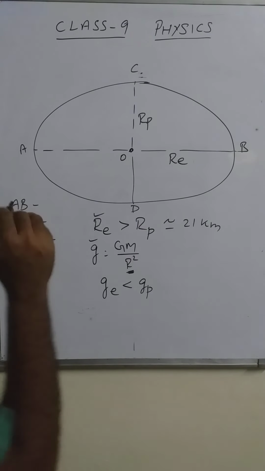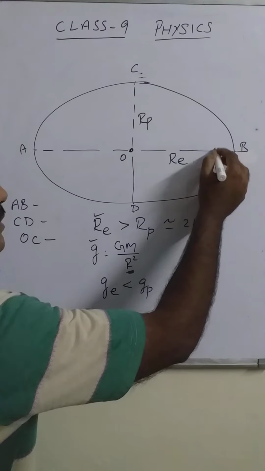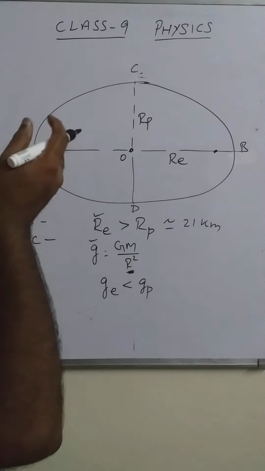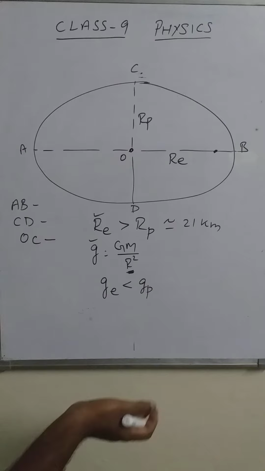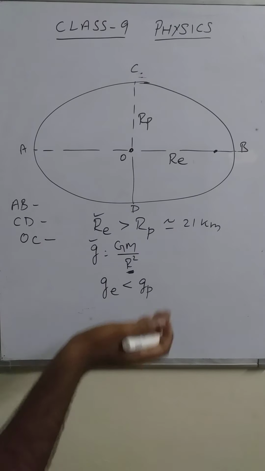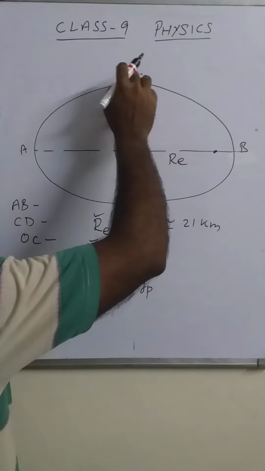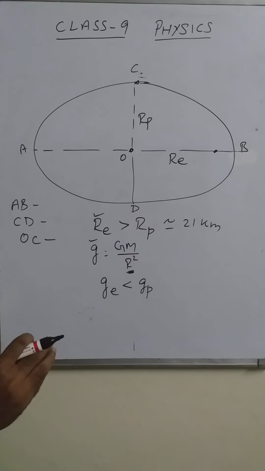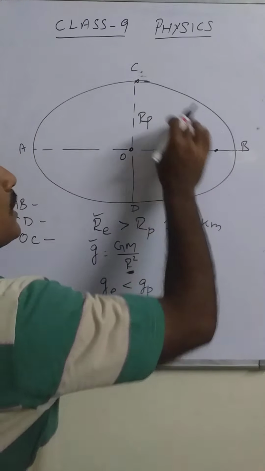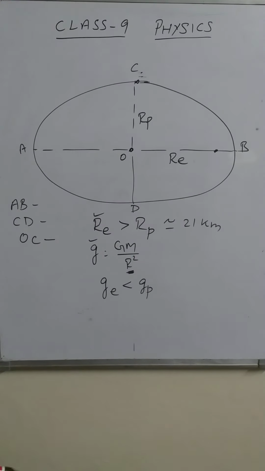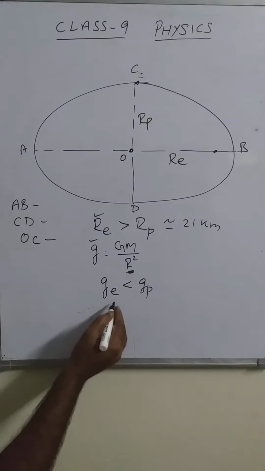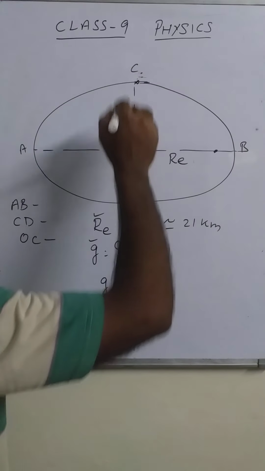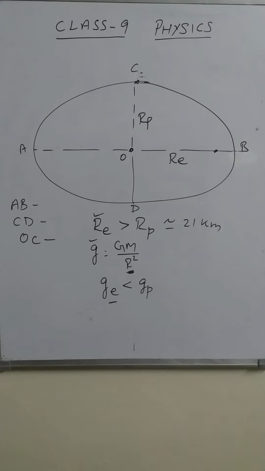Means, if we take any place on the equator and drop an object from a certain height, it falls towards the earth with some acceleration. The same object is taken to the poles and dropped from the same height. At the pole also the object moves downward with some acceleration, but the acceleration produced in both places is different. On the equator the acceleration is less, and on the poles the acceleration due to gravity is greater.